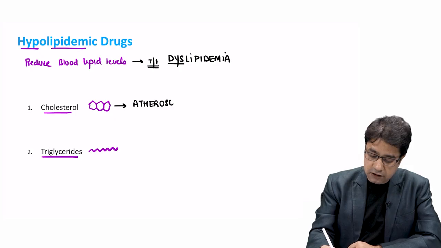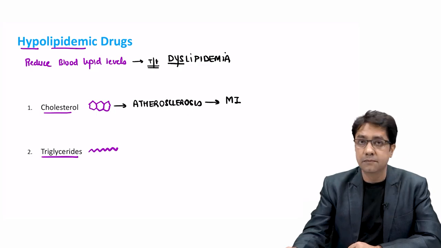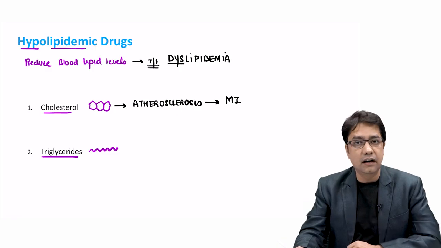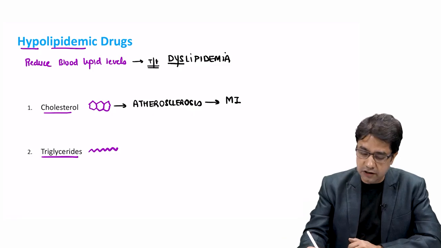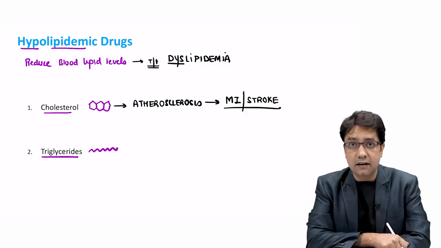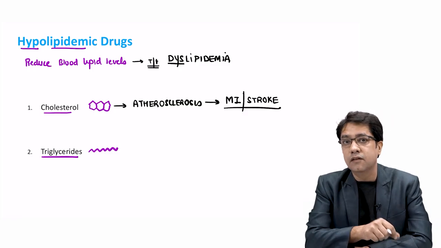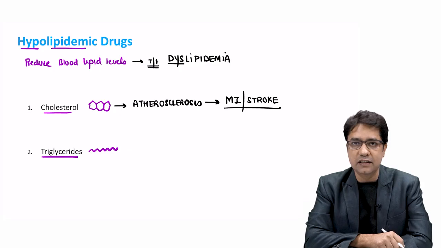So, if the coronary artery becomes narrow, blood supply to the heart is reduced, and it can lead to MI, myocardial infarction. And if atherosclerosis occurs in cerebral arteries in the brain, it can lead to stroke. In fact, at today's time, the most common cause of MI and stroke is atherosclerosis.